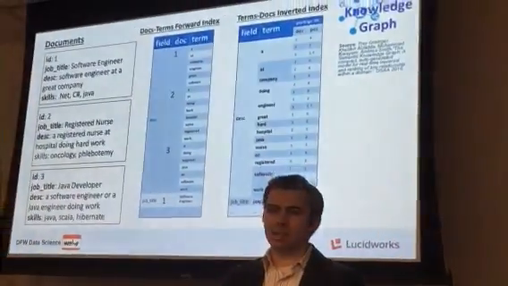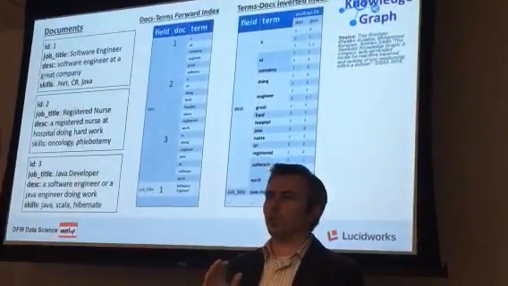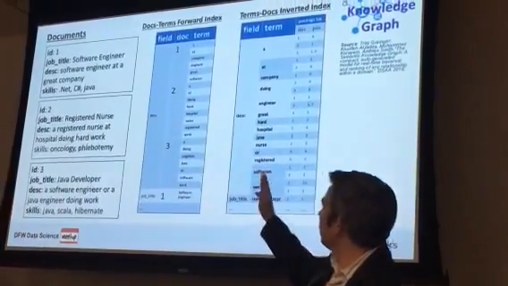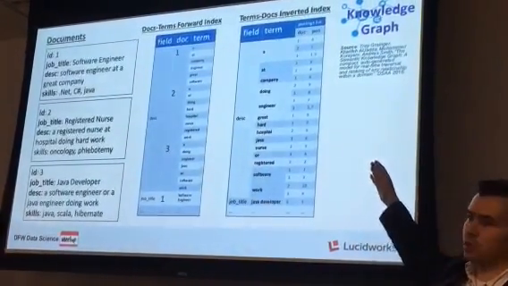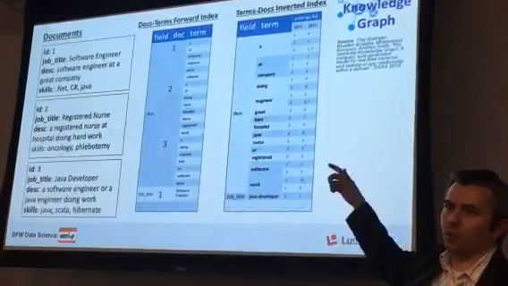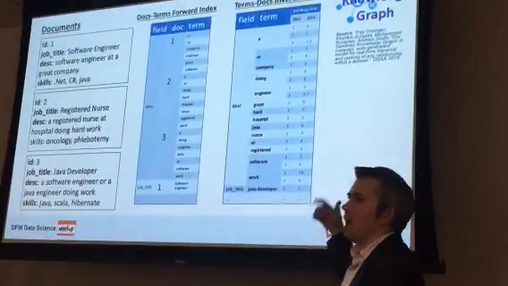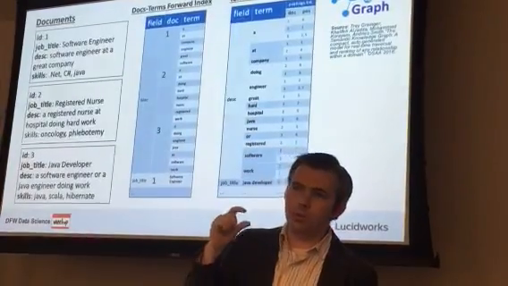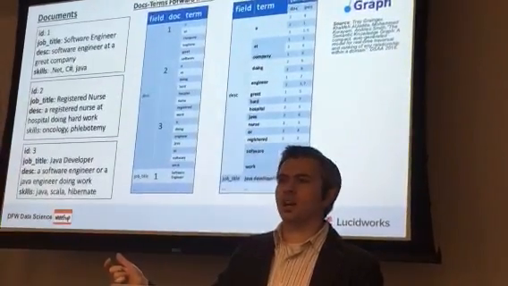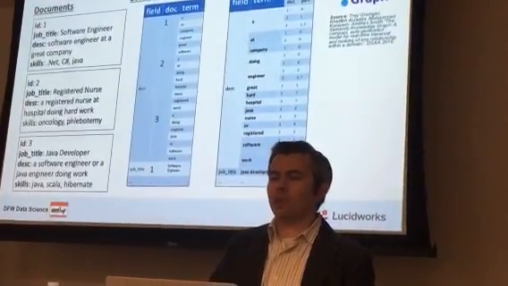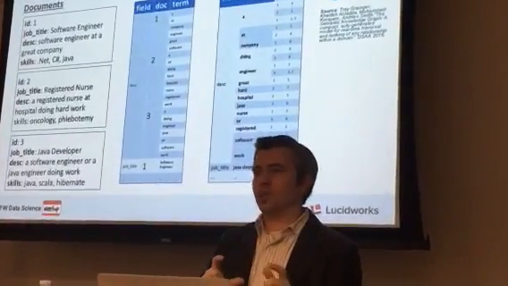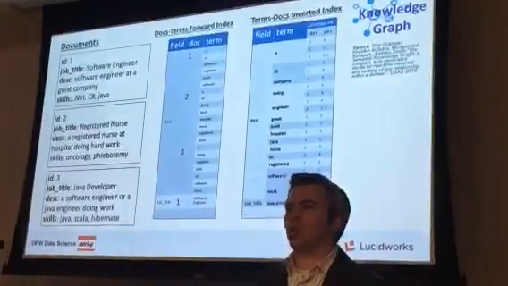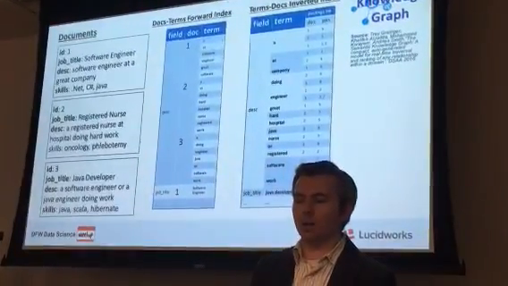If you think of a facet in a search engine, the way it works is you run a search, you get a list of documents, and from those documents you traverse to the list of terms found within them, and you aggregate those and get the counts. It's the opposite of the way a search works, where you take the keyword and try to find the documents it maps to. But because you can go both directions, you can do things like multi-level faceting in analytics, as well as collecting term statistics along the way.